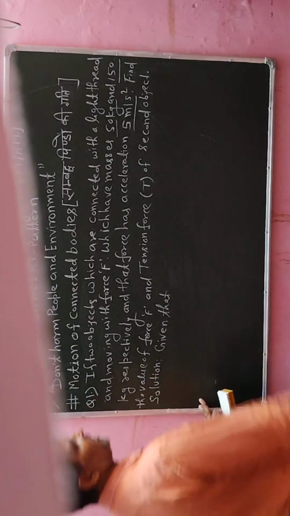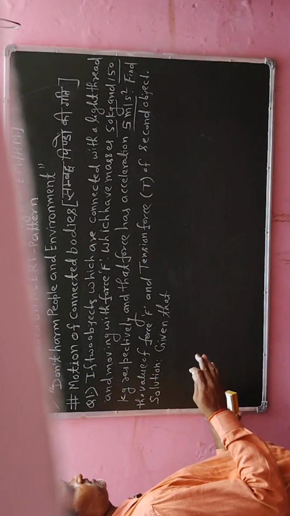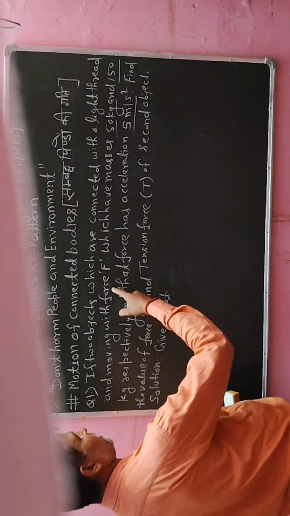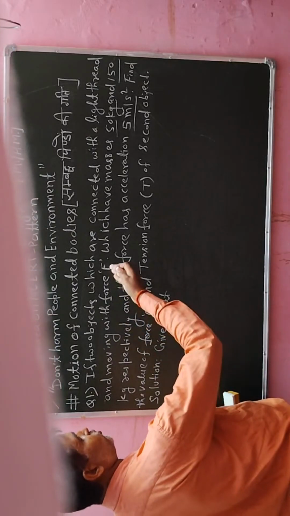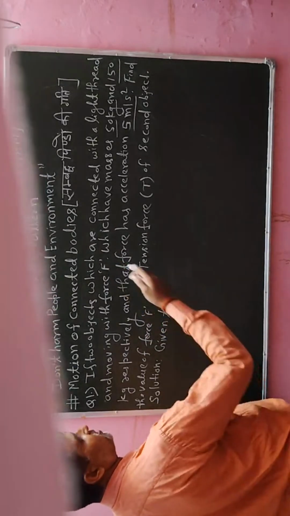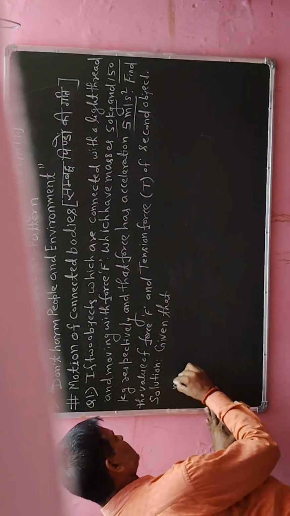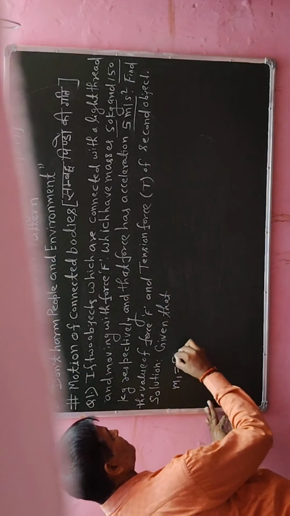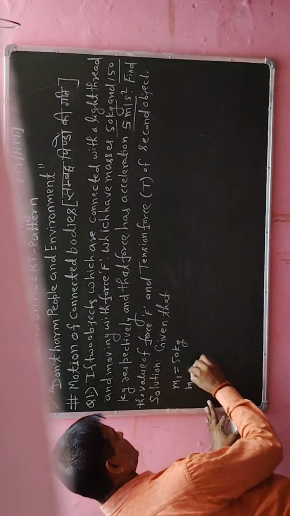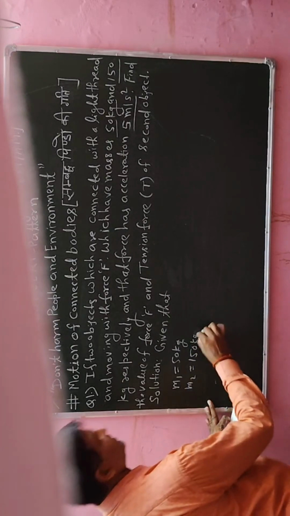Two objects are connected with a light thread, and both objects are moving with force F. Now, they have masses m1, meaning the first object has mass 50 kg, and the second object has mass m2 whose value is 150 kg.